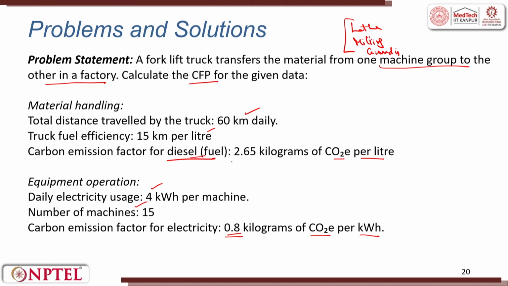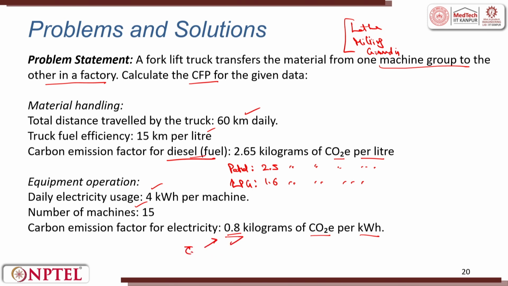For example, for diesel it is 2.65. Had it been petrol, this factor is around 2.5 kilograms of carbon dioxide per liter. For LPG, which is a cleaner fuel, it is different, around 1.6. Depending upon the electricity generation source, for coal-based electricity, that is a thermal power plant, this is 0.8 kilogram.